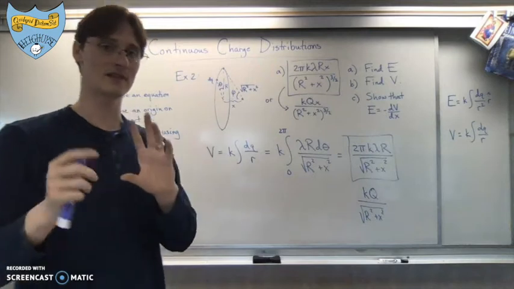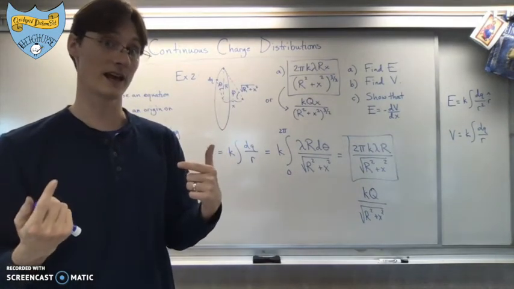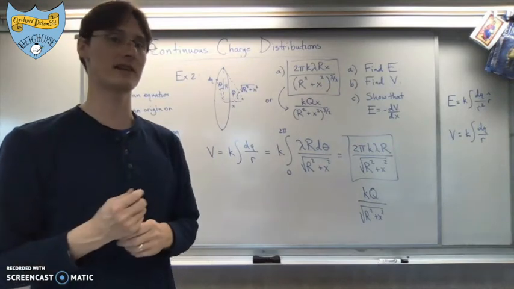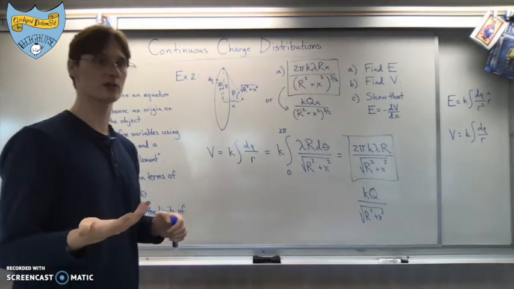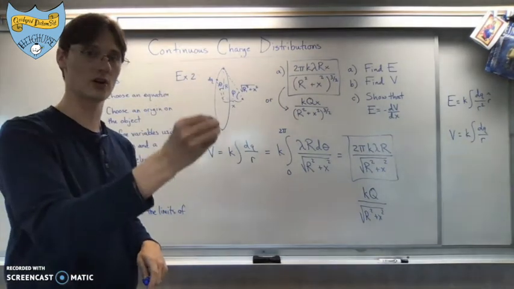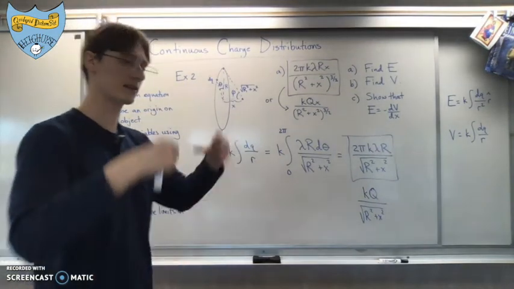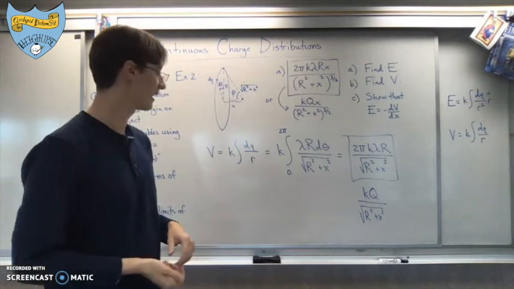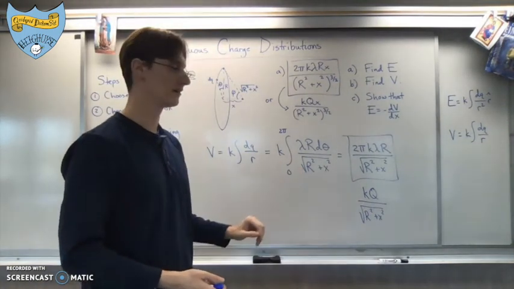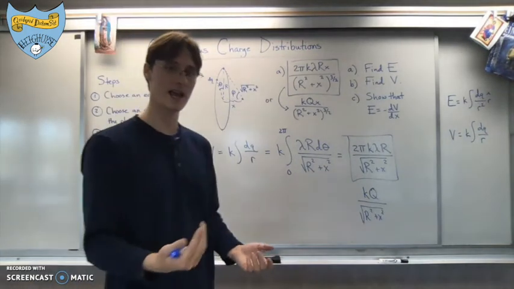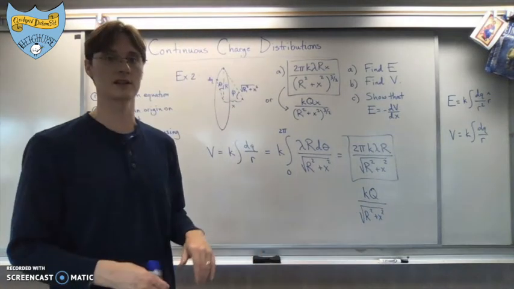As long as you don't have different bits of the object at different distances away from the point where you want to find the electric potential, the question just boils down to how much charge, how far away. So if the amount of charge that you have is Q, whatever that is, and all of it is this distance away, then the potential is going to be KQ over the distance that it all is away.